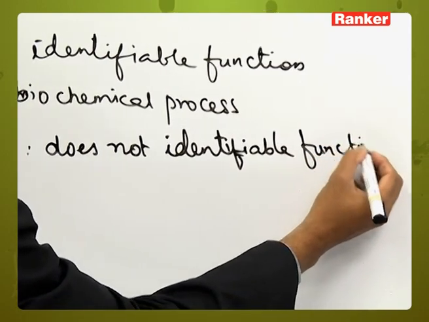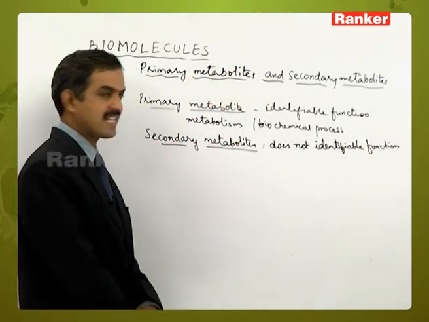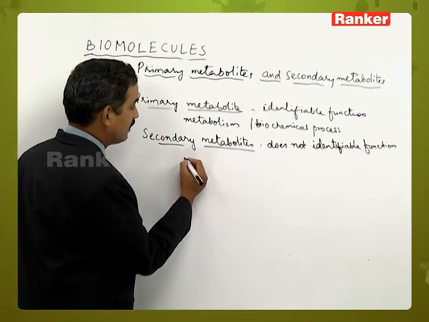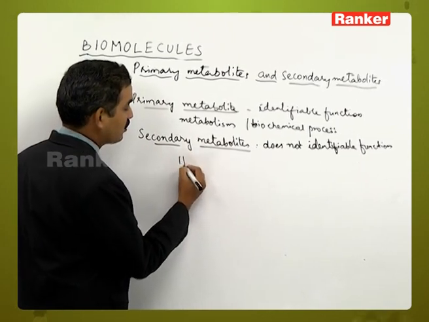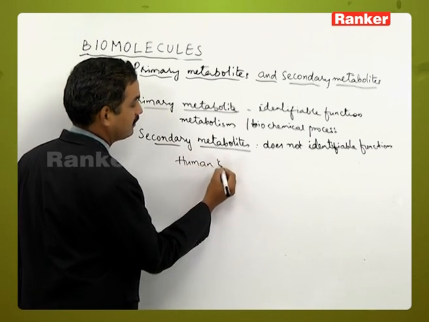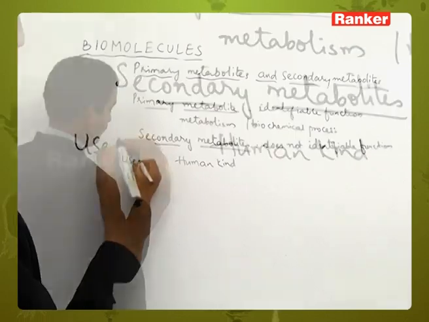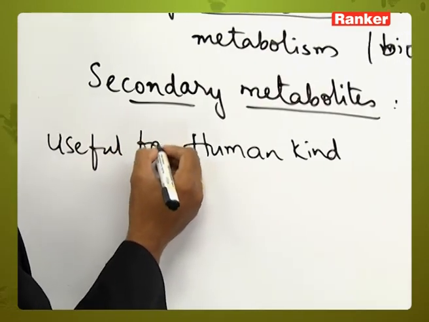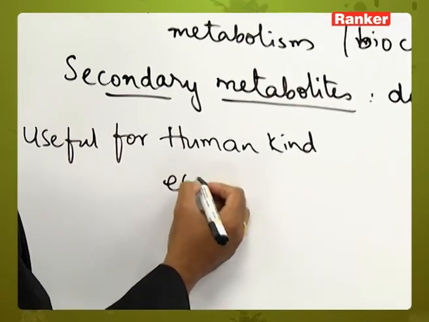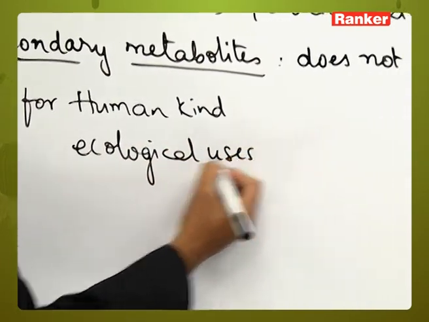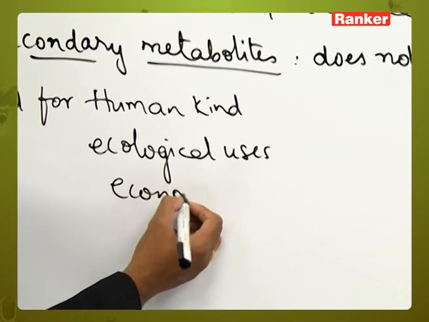That is the difference between the primary metabolite and the secondary metabolite. But these secondary metabolites have uses which are useful for humankind, or some of them have ecological uses. Some of them have economic importance also.